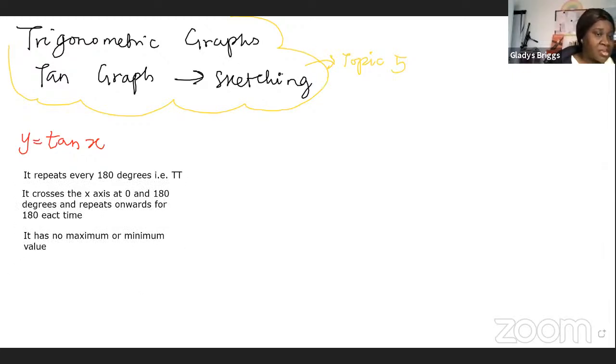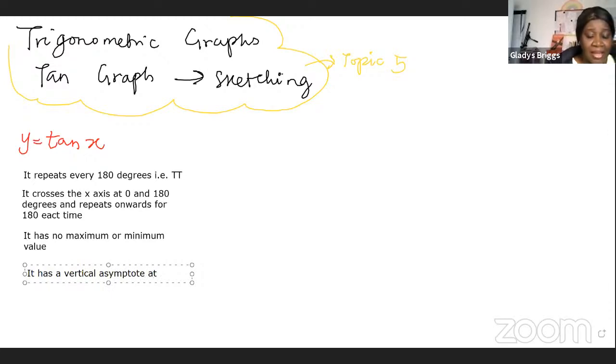Okay, and also the last one, which I'm going to expatiate a little bit more on, is it has vertical asymptotes, yeah? That's the word.